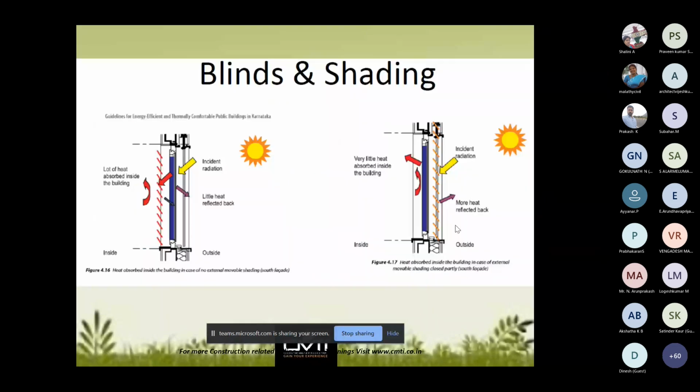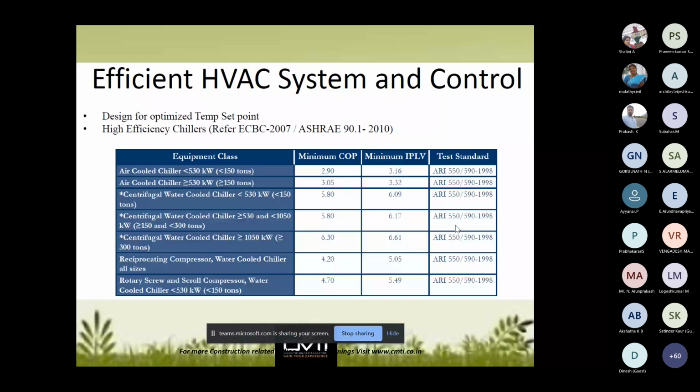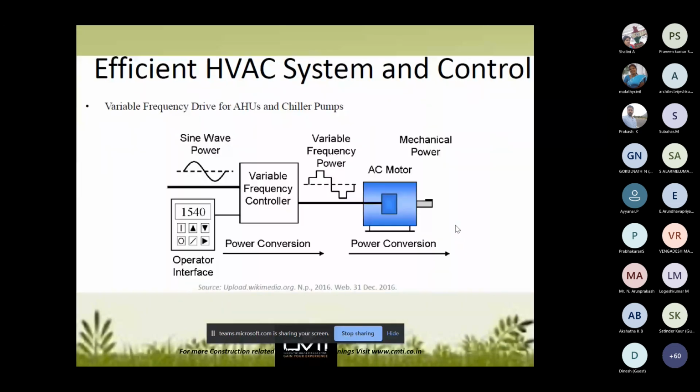Blinds and shading devices. Proper HVAC system, if we have efficient systems, you can reduce the consumption.